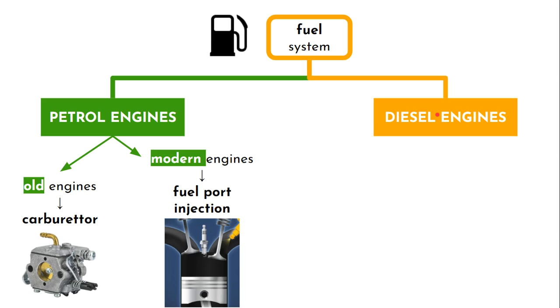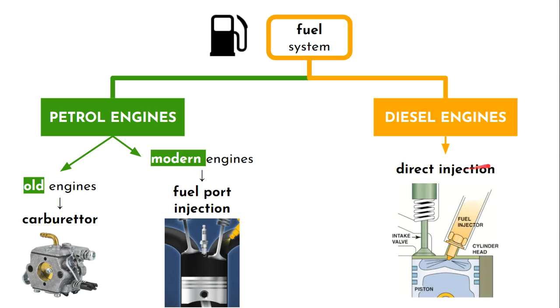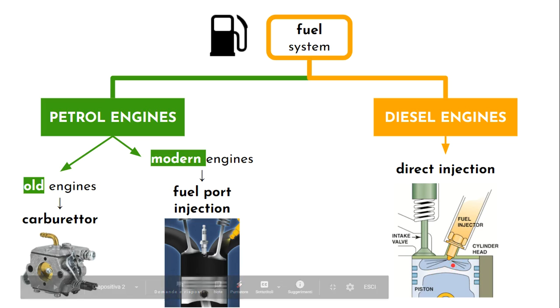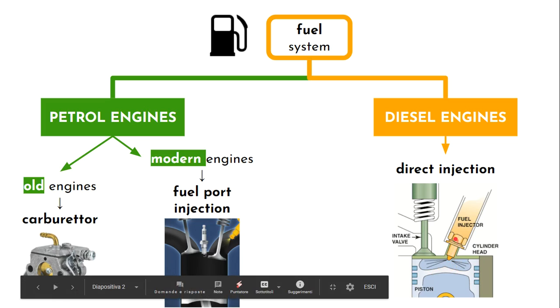Now, in diesel engines, we use direct injection, which means, as you know, that the fuel is injected directly into the combustion chamber. It's not pre-mixed with air. Non viene premescolato con l'aria. Here it is pre-mixed, and here it mixes directly inside the cylinder. As you remember, in the combustion chamber of a diesel engine, you only have hot air, okay?